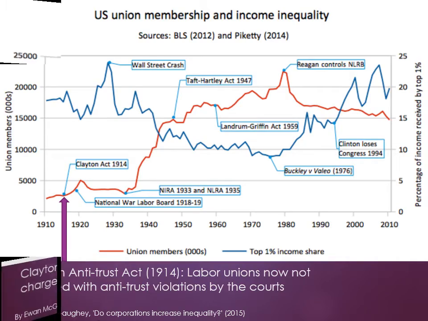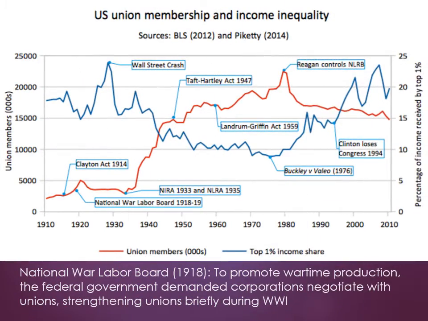Now, let's look at the National War Labor Board. This is a World War I law that realized that if the United States was going to be successful in the war effort, labor and management had to work together. And in order to do this, they gave certain rights to workers.